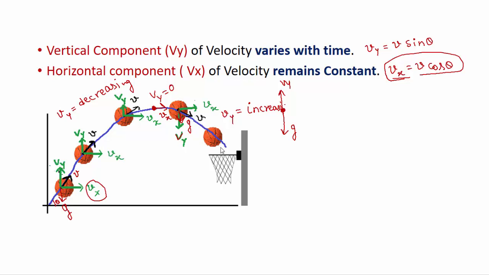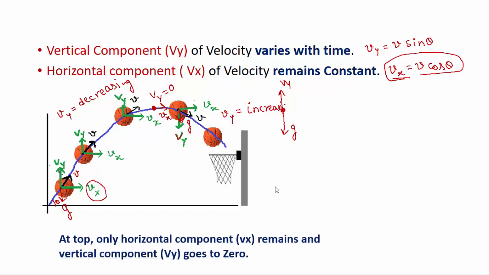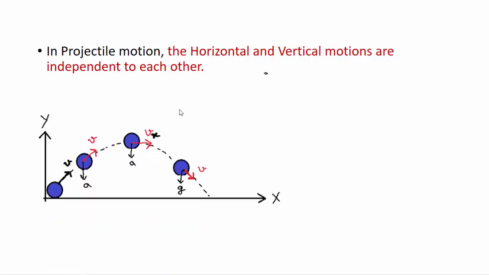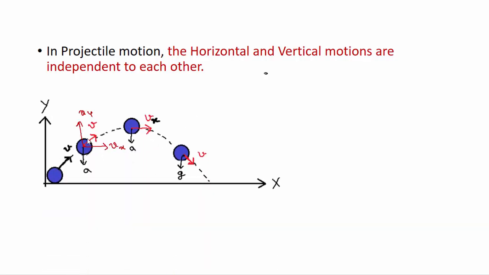While coming down, the ball's velocity will increase under the effect of gravity. So at the top only the horizontal component Vx remains and the vertical component Vy goes to 0. Next is, in projectile motion the horizontal and vertical motions are independent of each other. Here Vx and Vy do not affect each other, they go independently.